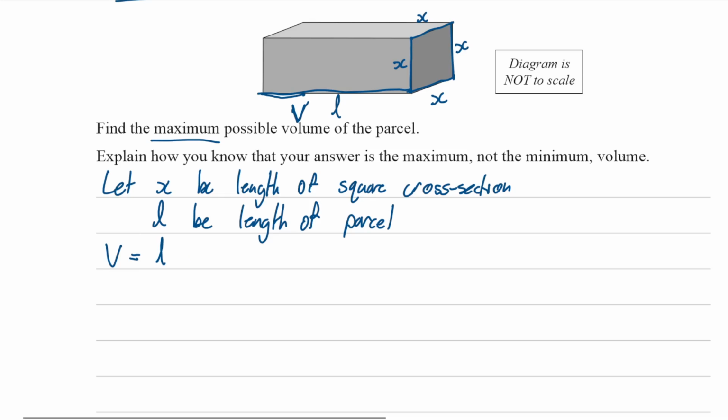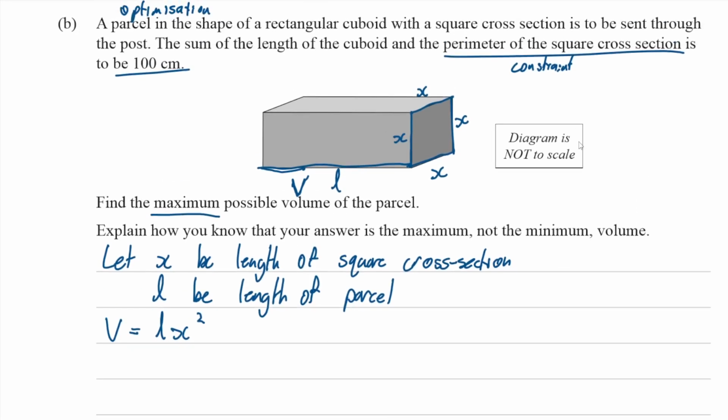So it'll be Lx squared for volume. Now, we're trying to maximize volume. However, we need to eliminate one of these variables. And in order to do that, we use our constraint.